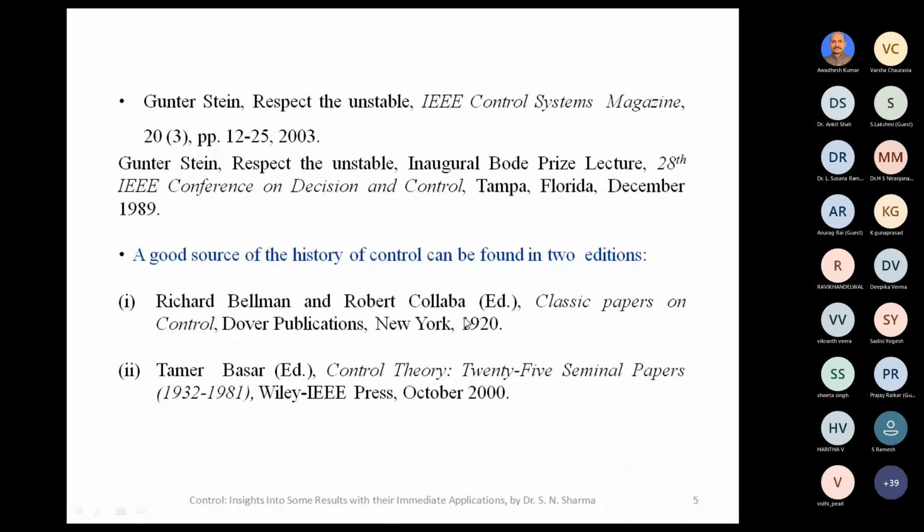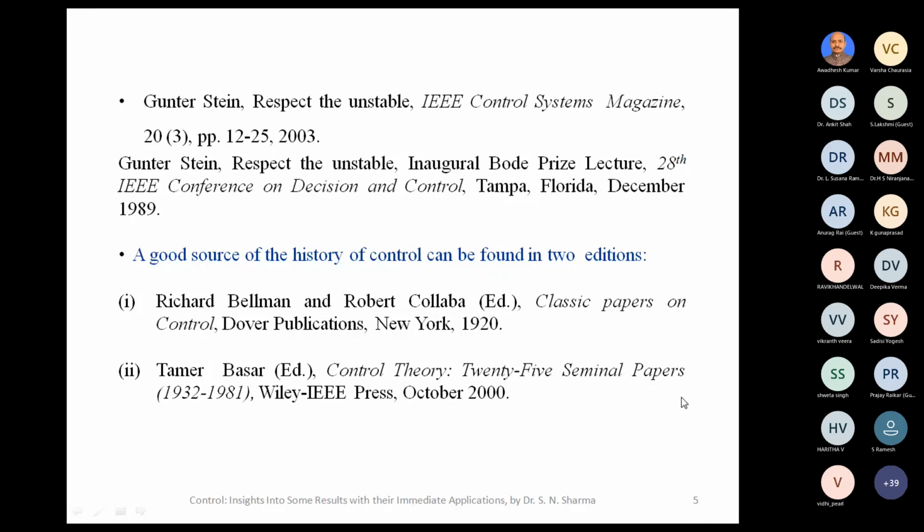This is the oldest one, the first compilation. Later there was another compilation, 25 seminal papers, 1932, means 50 years, you can say 49 and then 50 years. In that 50 years compilation, what work was done. So they selected 25 papers, 25 papers, 50 years.